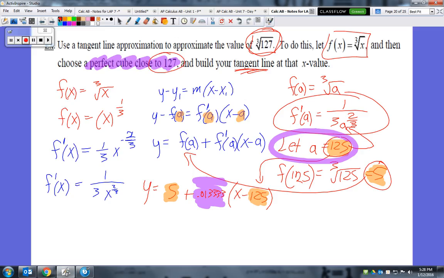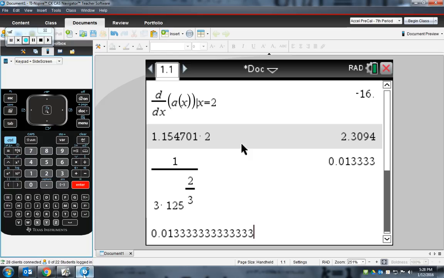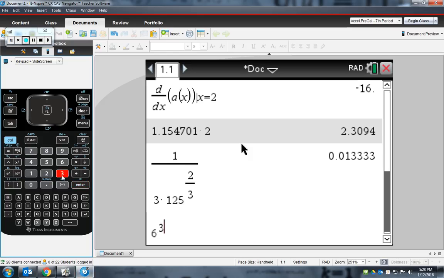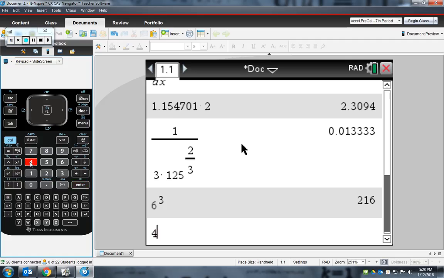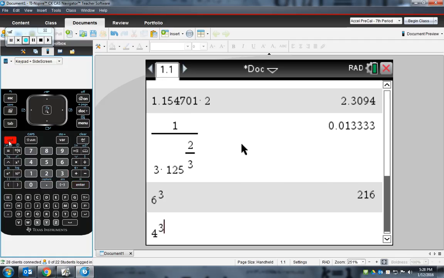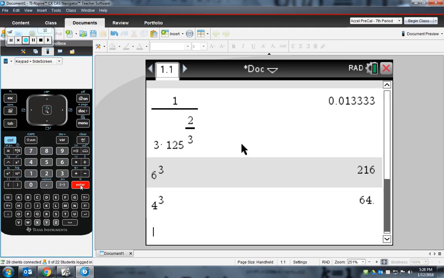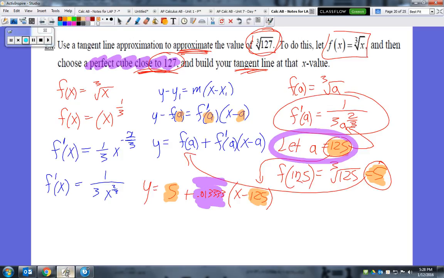We wouldn't choose something like 6 cubed, because 6 cubed is 216, way too far away. If we chose 4 cubed, that's 64, not as close. We wanted something as close to 127 as possible, so we chose 125.